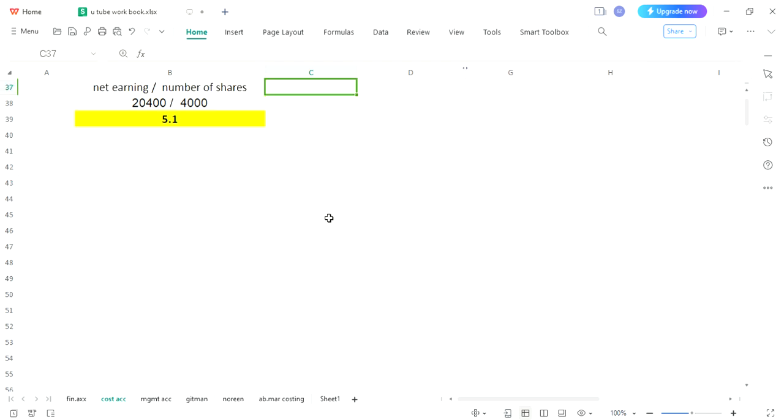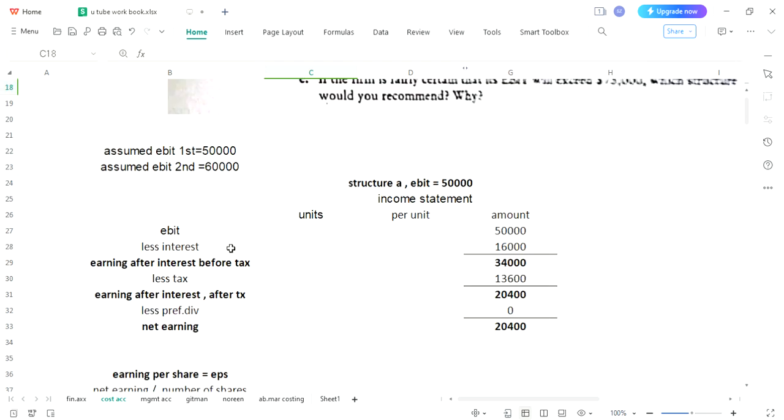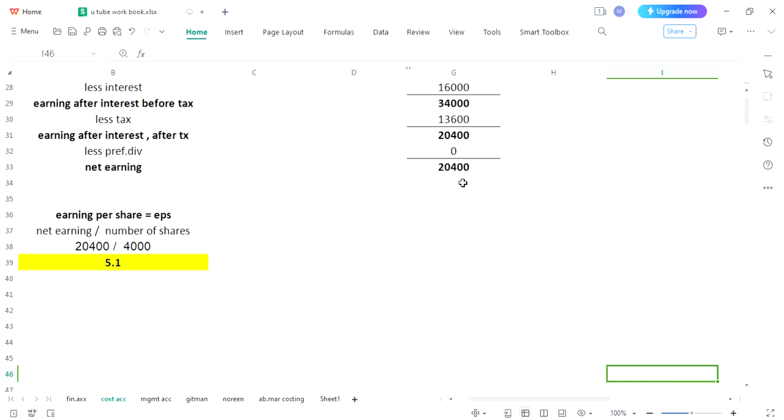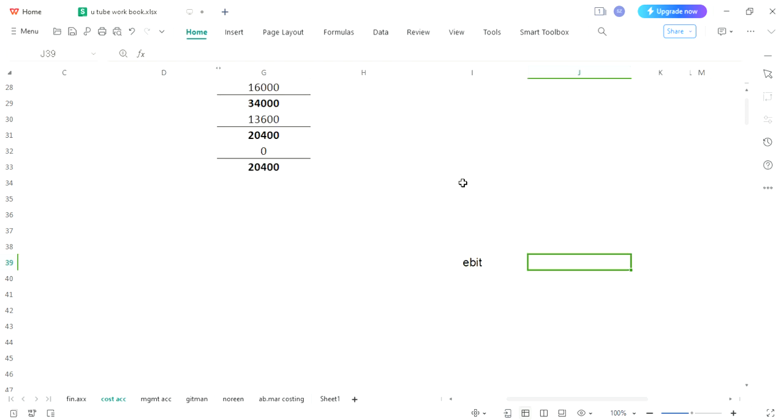EPS has been calculated for EBIT 50,000. We are going to put it over here. The structure is needed: for every EBIT, we need to calculate EPS.